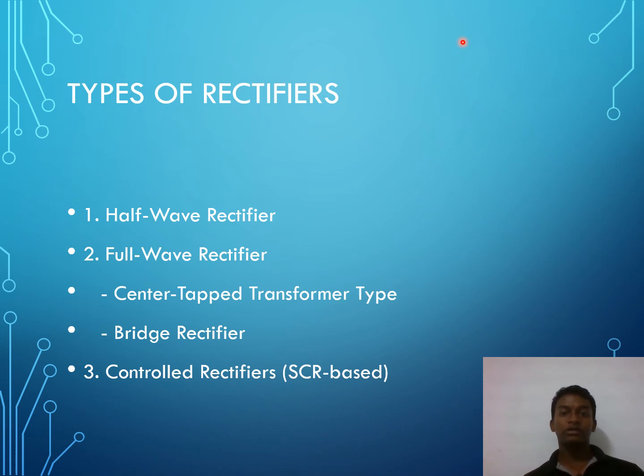Full-wave rectifiers can be constructed using a center tapped transformer or using four diodes in a bridge configuration. Apart from these, advanced rectifiers use SCRs for controlled rectification.